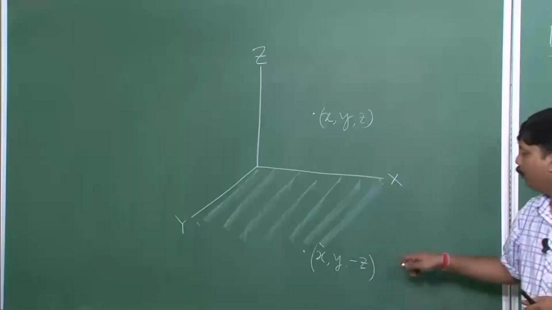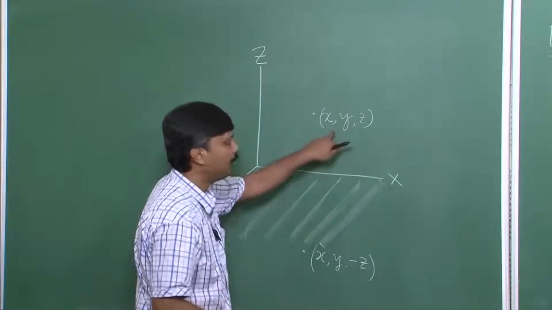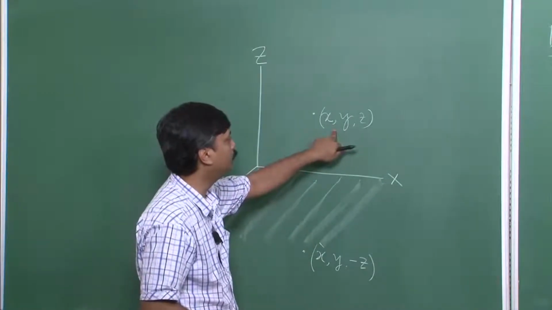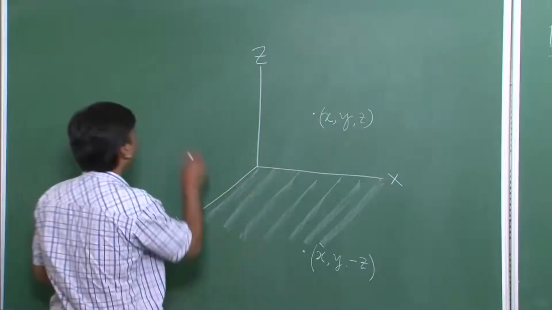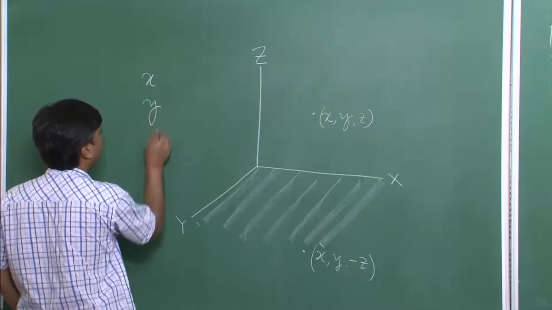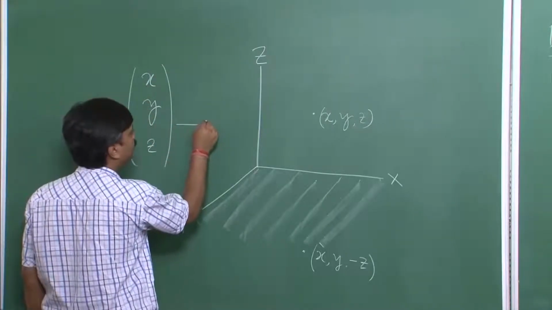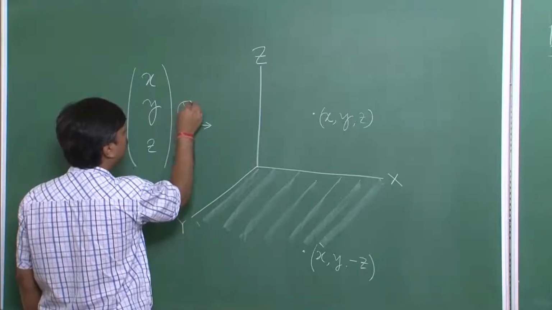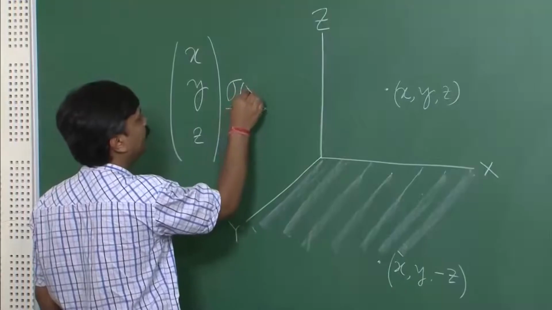Now one more thing I will mention here. If I write this position coordinate as a column vector, I can write x, y, z. Now when I have this sigma xy, I will write it like sigma xy.